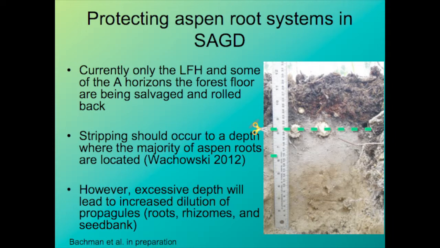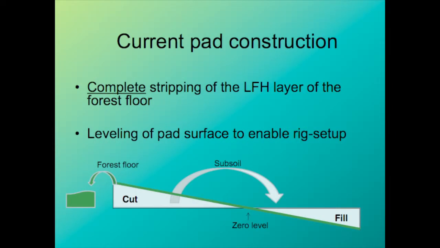So we compared, can we protect the forest floor, and if we have to remove the forest floor layer, can we pile it on the side of the well site and then pull it back within a month? Okay, back onto the well site. So what happens currently is, by government regulation, if it's a slope pad, the whole pad has to be stripped.